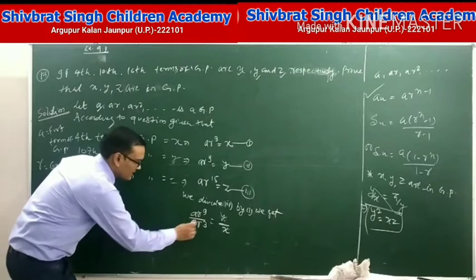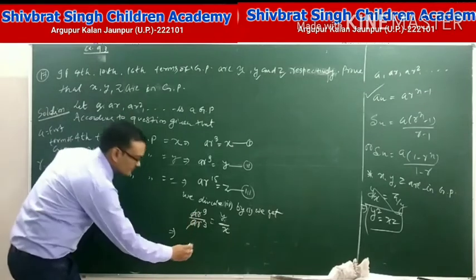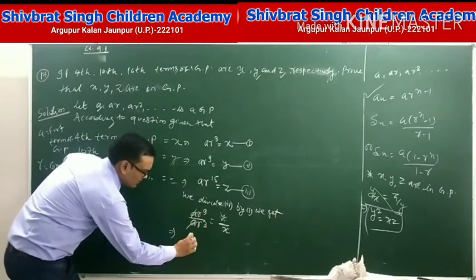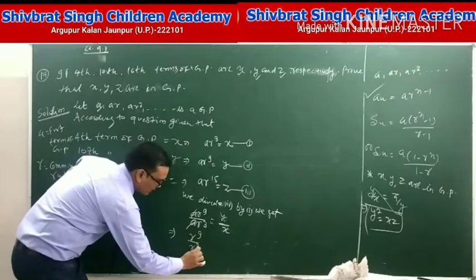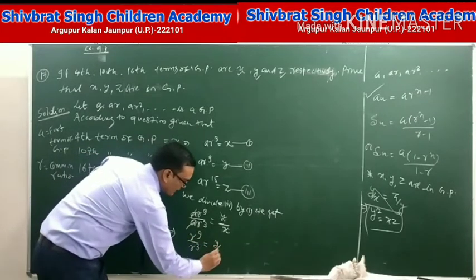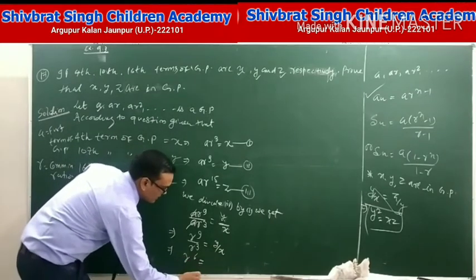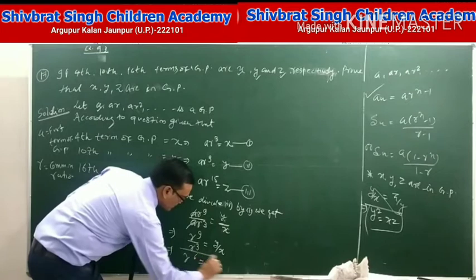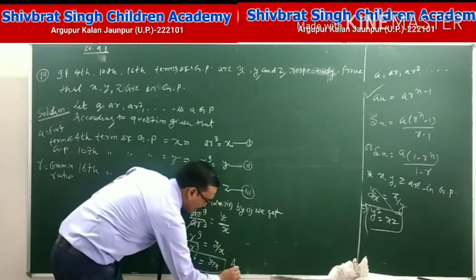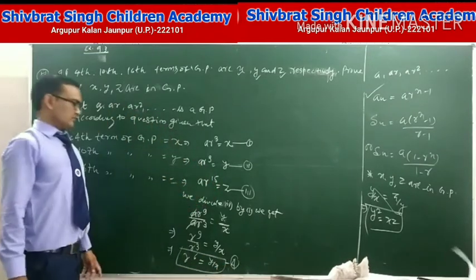This implies that A will be cancelled, R to the power 9 upon R to the power 3 equals y upon x. This gives R to the power 6 equals y upon x. This is denoted by capital A.